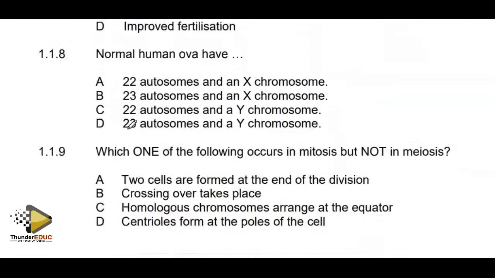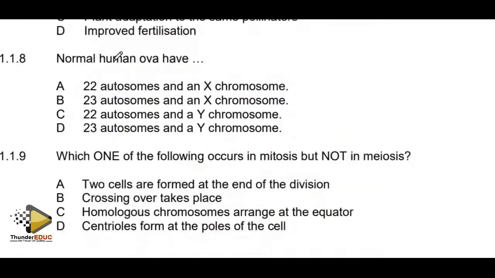Then you're saying that normal human ova have normal human. Remember that when you talk about humans, they have what you call 46 chromosomes.